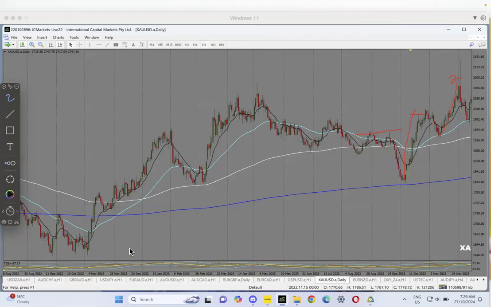So you've got a cycle whereby the market forms level 3, goes level 1, level 2, and then goes level 3, stop hunts high, and comes back into the range, then it can continue going down.